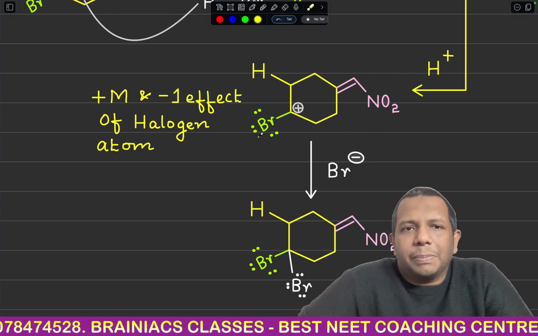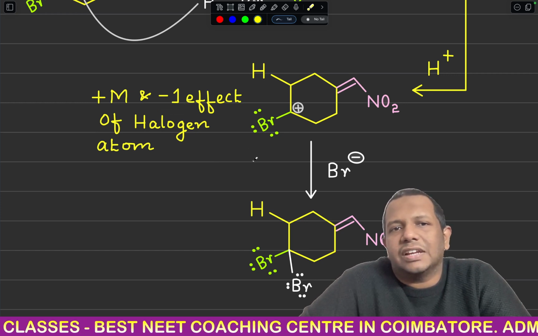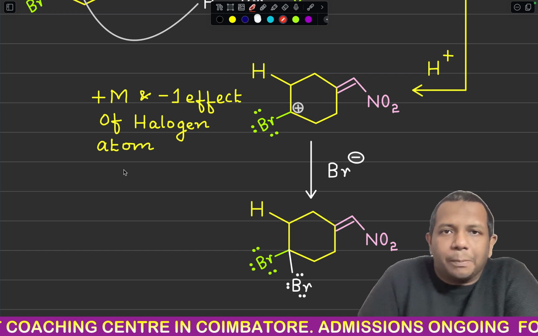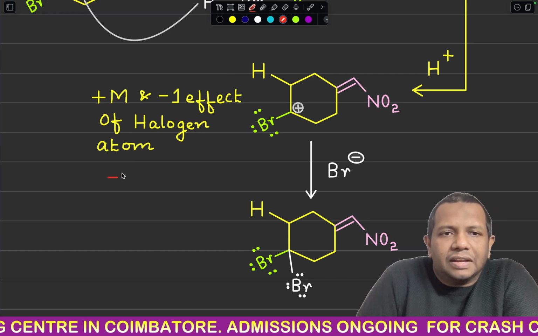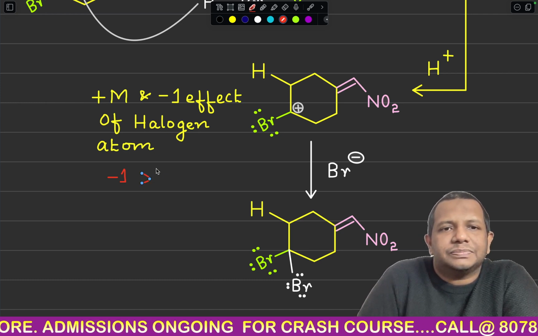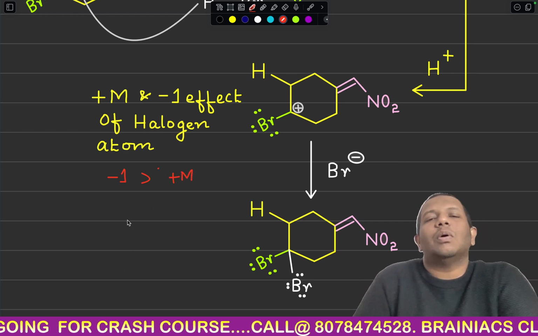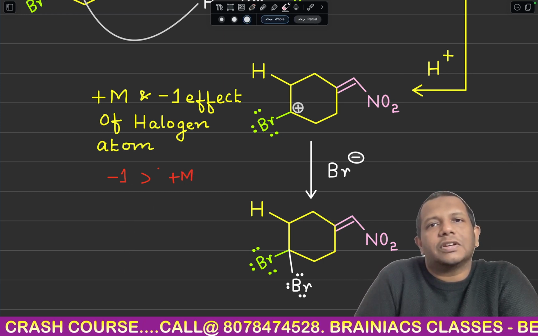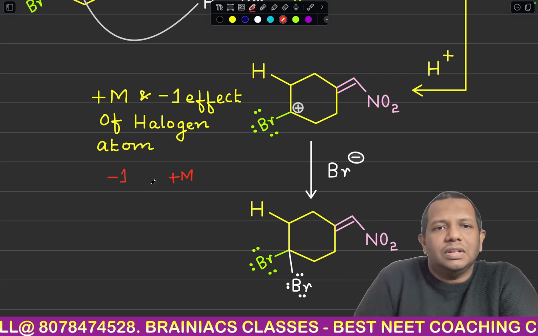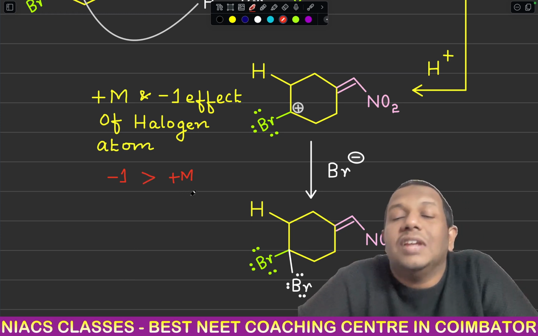Here the plus M effect of halogen is present and also the minus I effect of the halogen atom. Please believe, halogens are the only compounds where the minus I effect dominates over the plus M effect. Normally the resonance effect dominates over other effects. But halogens are ortho-para directing due to the plus M effect, yet still deactivating.